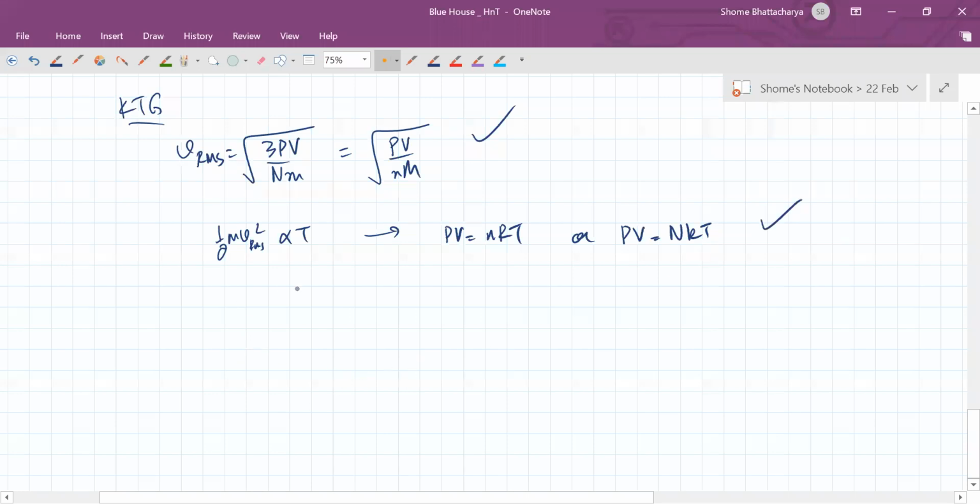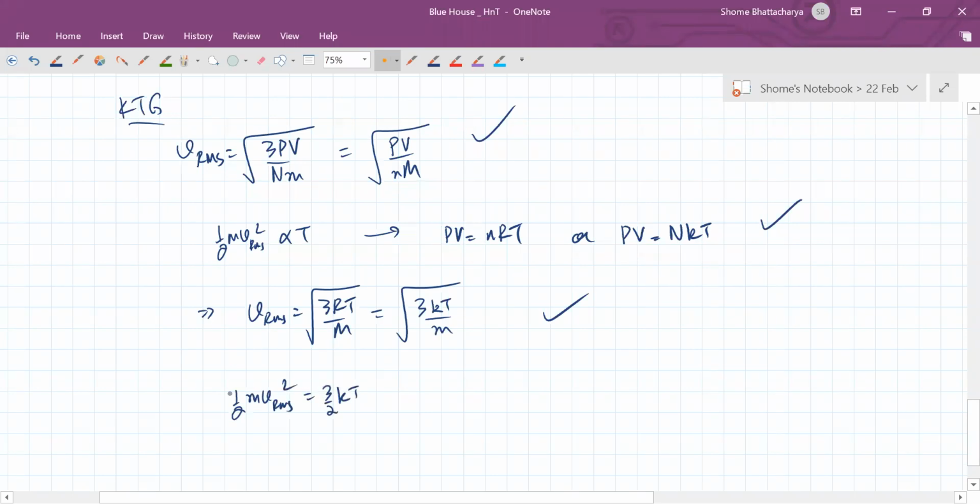The next one was to put this back in the formula of RMS speed. So square root of 3RT by M, or square root of 3kT divided by small m. And then from this we had the important formula that half m Vrms square is 3 by 2 kT.